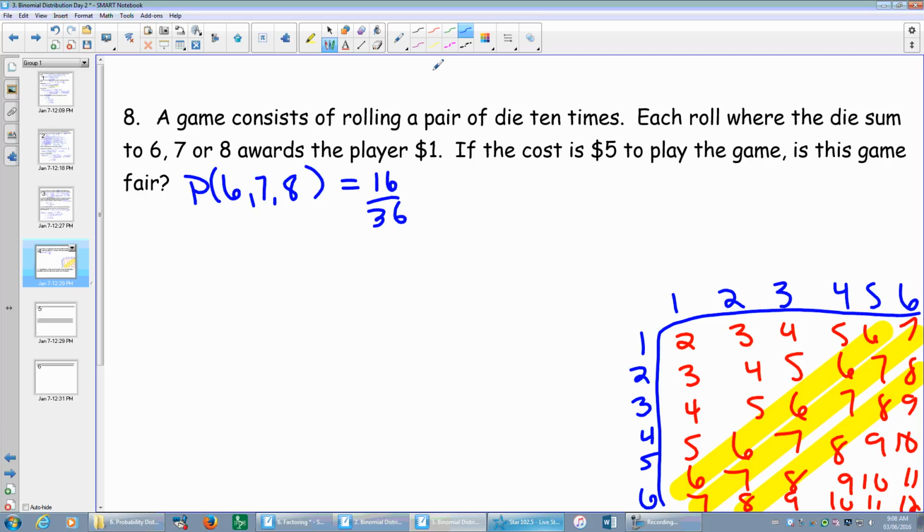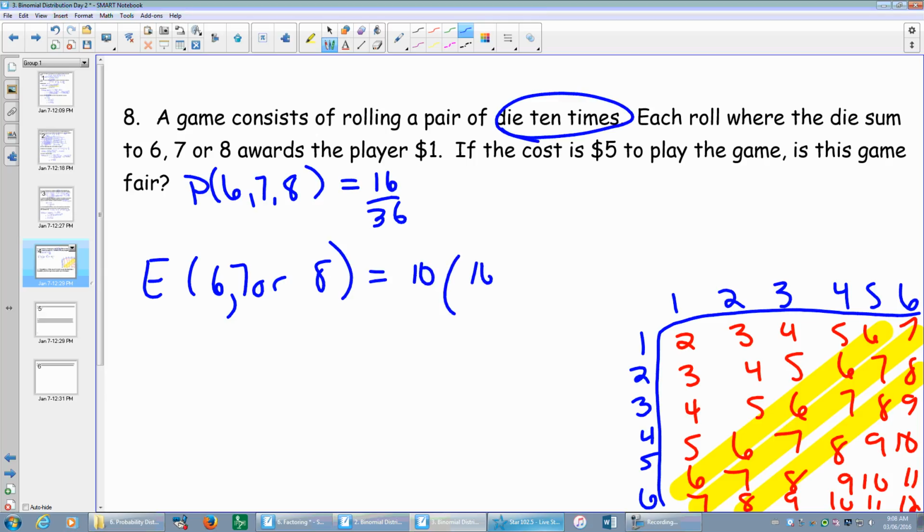So when I do that, the expected value of a 6, 7, or an 8, when I roll a die 10 times, becomes 10 times 16 over 36, which gives me what, Spencer? Very good.